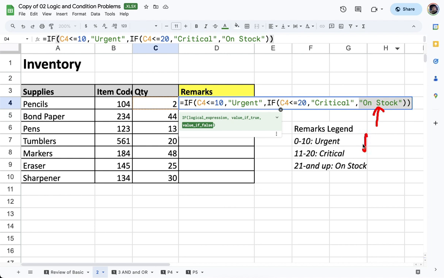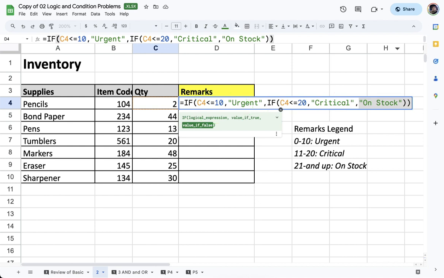This one serves as our final false argument: if the value is not urgent and not critical, then we get this word. There has to be an argument that will capture anything that the first logical statements will not pick up.